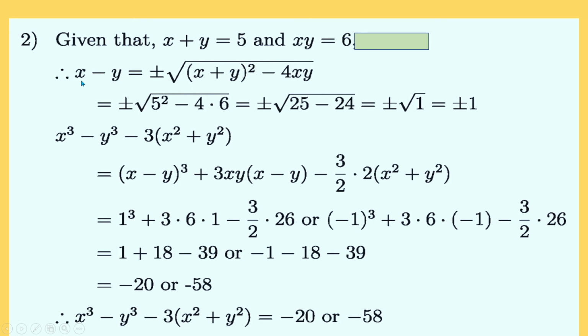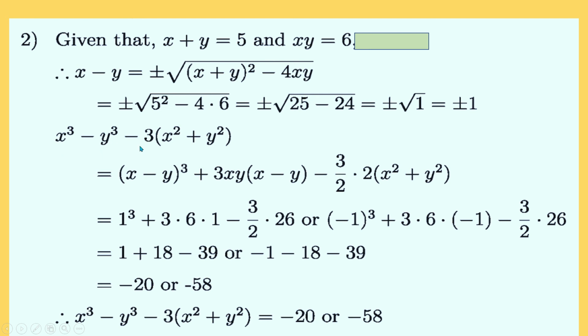As we have to take only x minus y, here will be the square root over this, and also we have to use plus minus, because x minus y whole square means two roots are present, one is plus this and another one is minus this. Now putting the value of x plus y equals 5 and xy equals 6, as a result we will get plus minus square root over 1, that is plus minus 1.